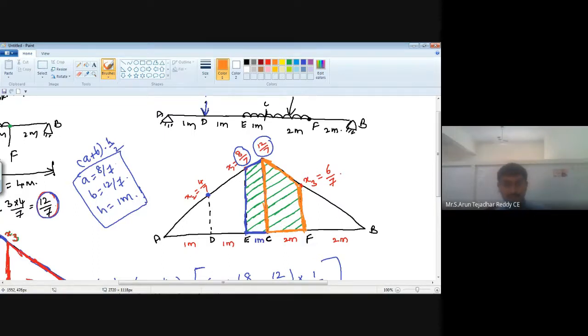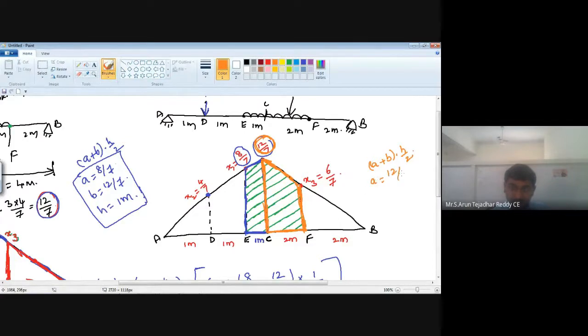Okay, very nice. So how it is look like? So it is also look like a trapezoidal shape. So what is the formula? A plus B into H by 2. Okay, now in this right portion, A is 12 by 7.